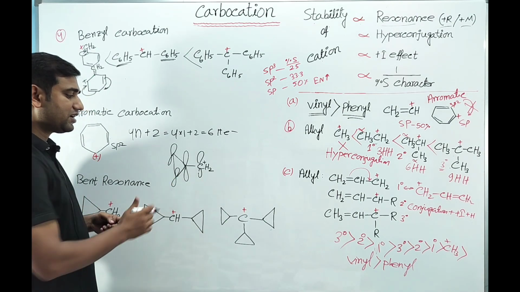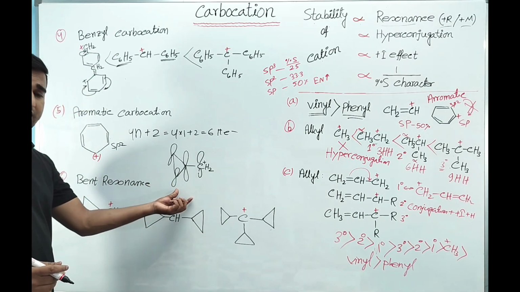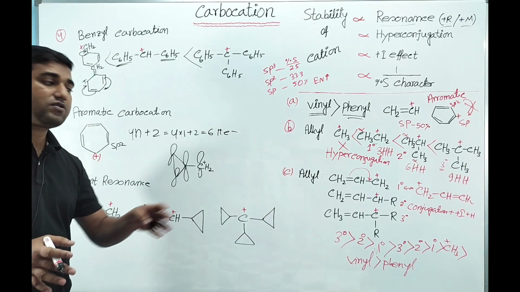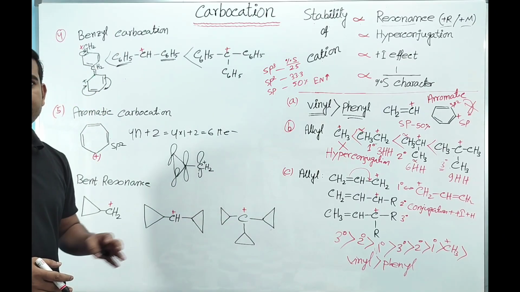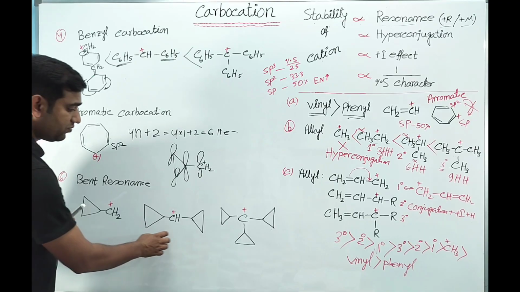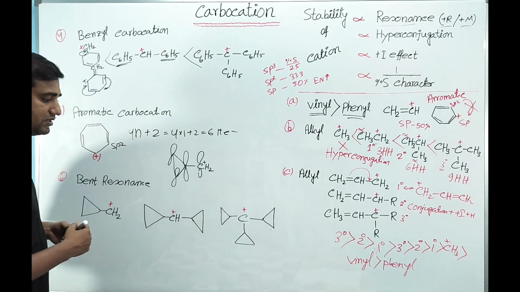This is called the sigma resonance, and this stabilization, this 1 degree carbocation stabilization, is higher compared to ordinary 1 degree carbocation. So once the cyclopropyl group increases, the stability will increase.